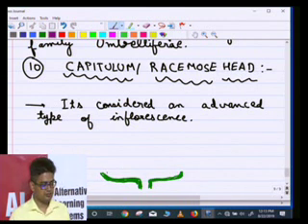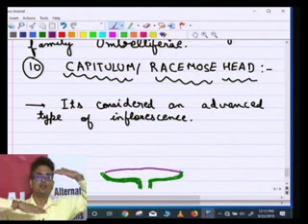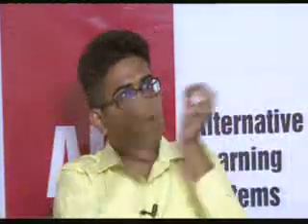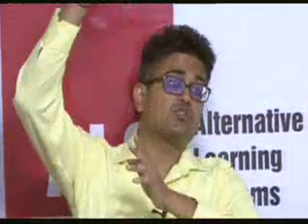In this case, what has happened? The flowering axis has undergone flattening. Earlier the flowering axis was vertical. Now in capitulum the flowering axis has gone horizontal. It's not vertical anymore, it's undergone horizontal flattening.